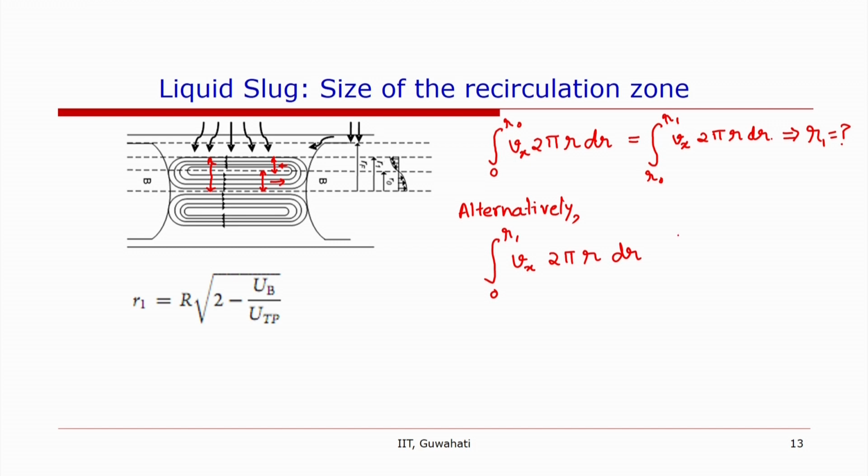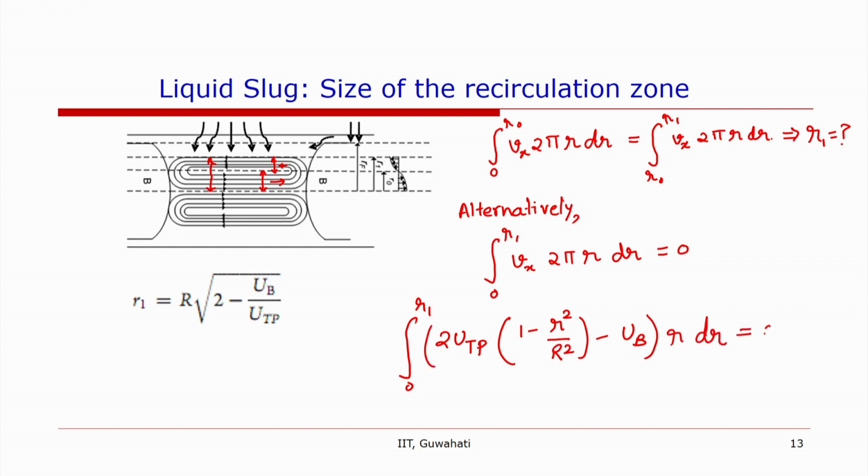That will be equal to 0, and once we substitute the values, integral 0 to R1 of 2 UTP into 1 minus R squared by R squared, minus UB, into R dR is equal to 0. 2 pi can be eliminated because the equation is divided by it, and that will have no effect on the result.